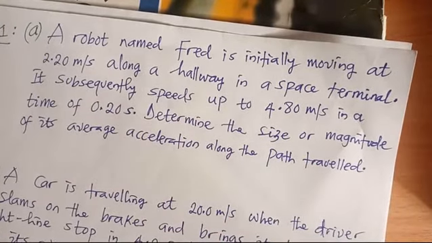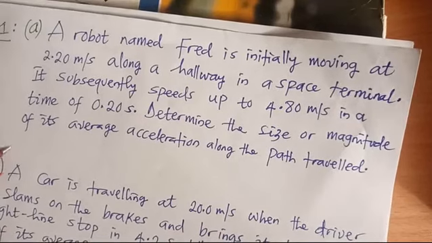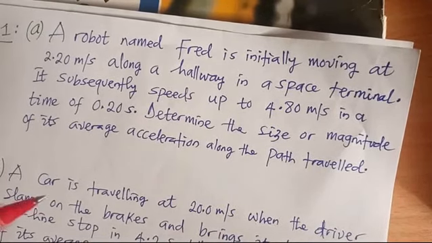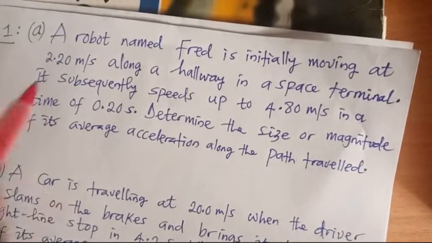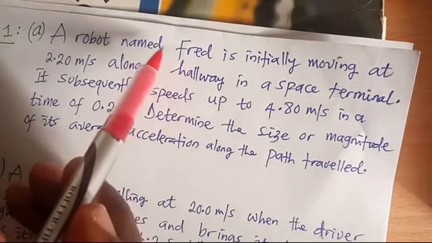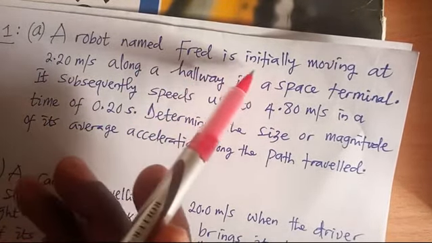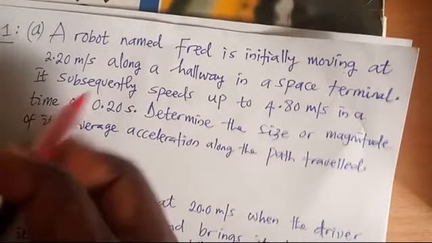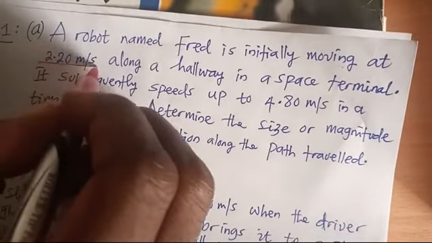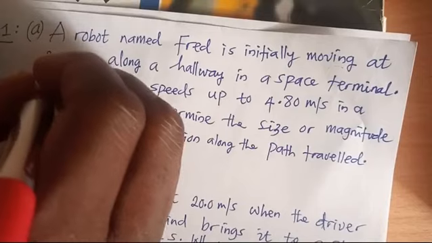Before we begin, we have to identify the parameters we are given. Let us bring them out. We are told that this robot named Fred is initially moving, so this is our initial velocity, v sub i.